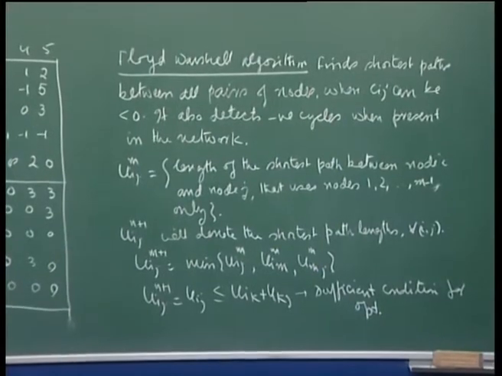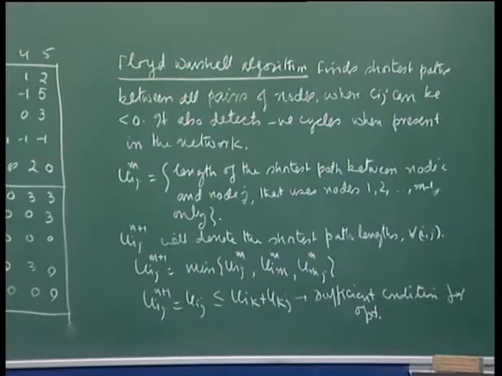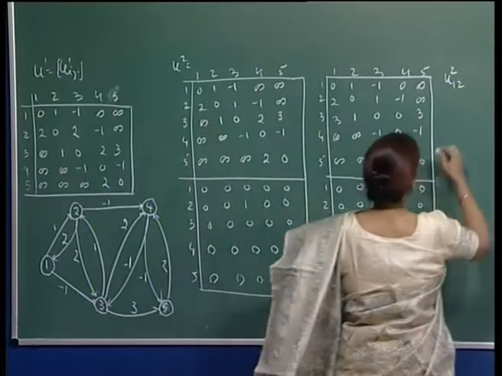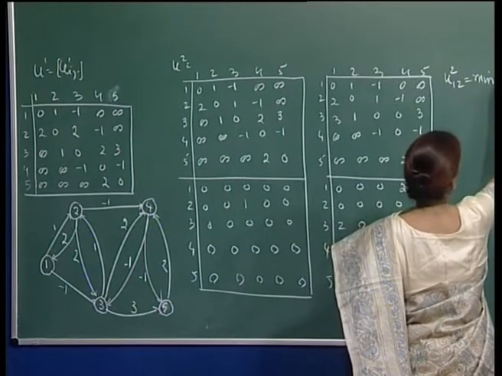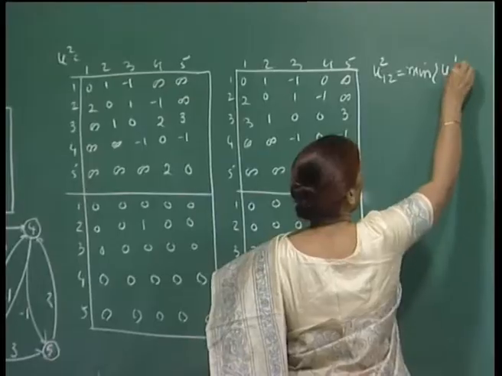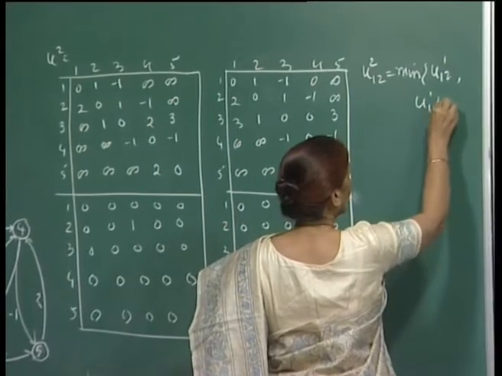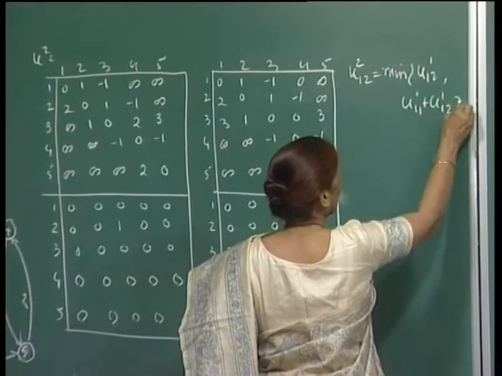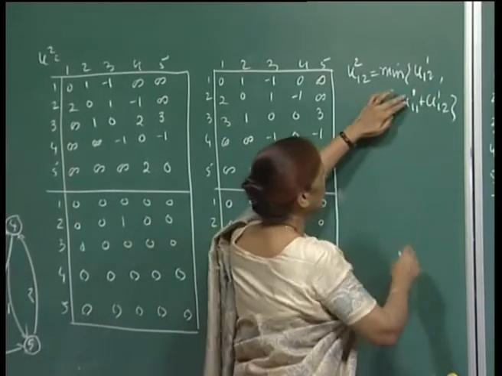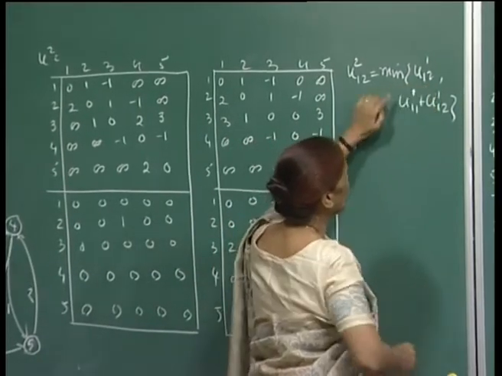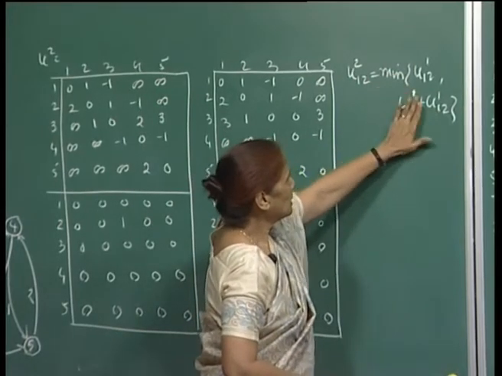So, for example, if you want to compute u212, then according to the formula it is the minimum of u121, and then u111 plus u121. The thing to remember is that these two indices must match. So, u11 plus, and this is 0. So, this is u12. So, there is no difference.